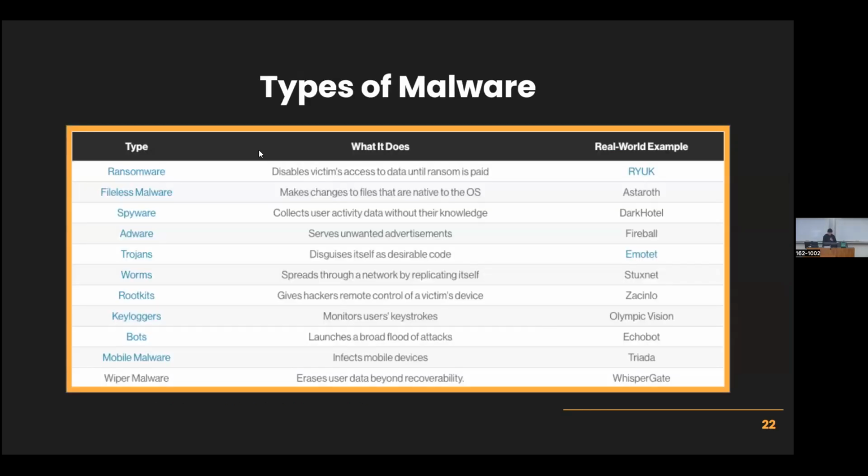And just a quick overview of the different types of malware. There's ransomware, spyware, Trojans, worms, rootkits, keyloggers. Those are honestly the ones that I find the most interesting. Ransomware is just encrypting data, and unfortunately, sometimes you do have to pay to decrypt that data. Then Trojan, same thing. It looks like a legitimate executable program, and once executed, it completes its malicious actions.